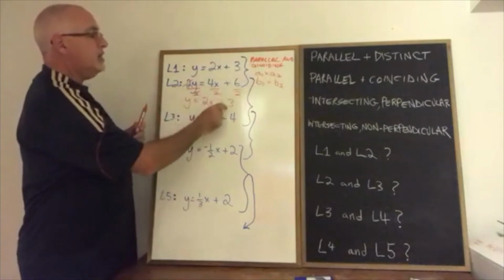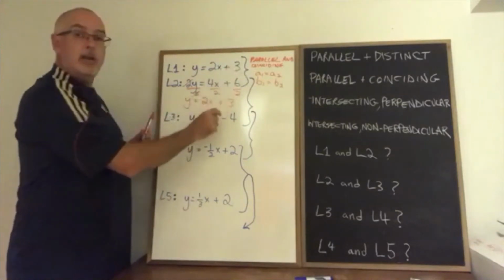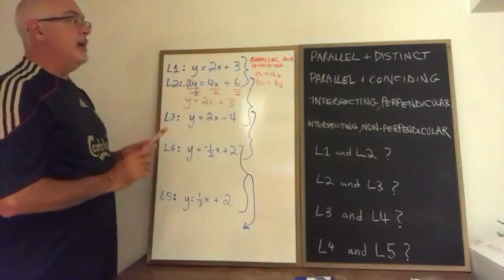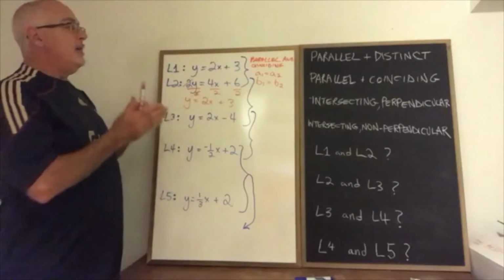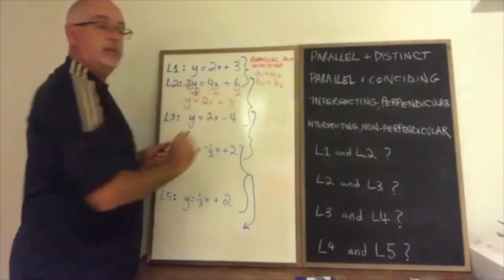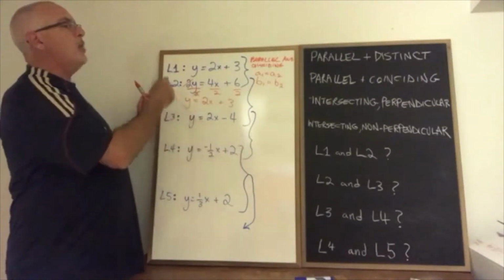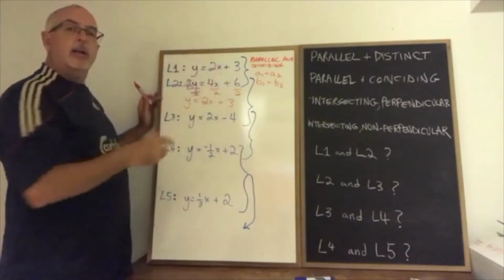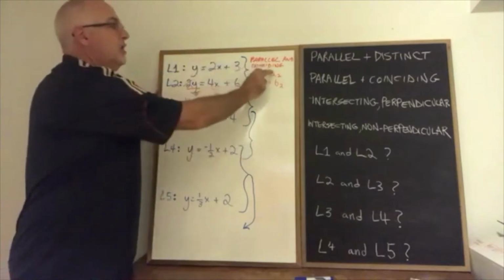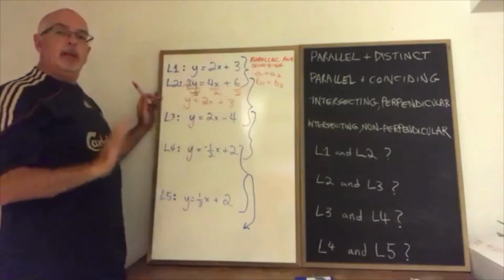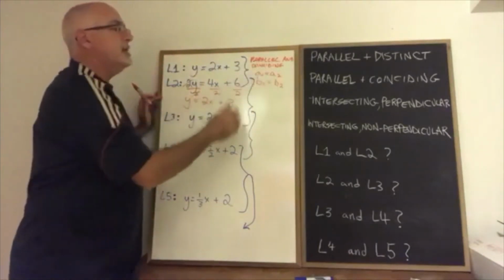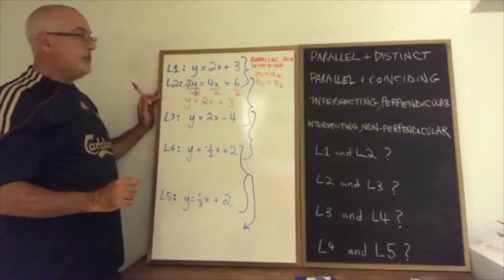But both of them also have a b of 3. The y-intercepts are the same. That means they're not only parallel, they're parallel and coinciding. So in order to answer the question, when you have parallel lines, there are 2 steps. You look at the slopes to answer the parallel part, but then you also look at the y-intercepts to see whether they're coinciding or not.